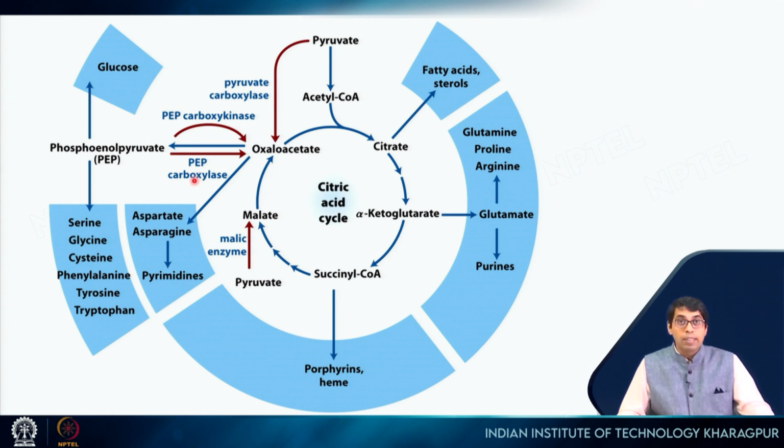We have already seen this phosphoenol pyruvate formation from which glucose is synthesized on one side, and on the other side these other remaining amino acids are synthesized, right. So, all these very important molecules are synthesized from these different molecules that are generated in the citric acid cycle.